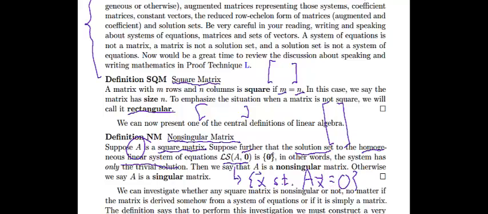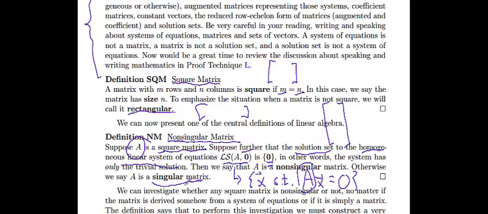This is saying that the only solution for this particular matrix A is the trivial solution. So when you have a non-singular matrix, the homogeneous equation associated with that matrix has a unique solution, namely the trivial solution. Now if a square matrix is not non-singular, we call it singular.